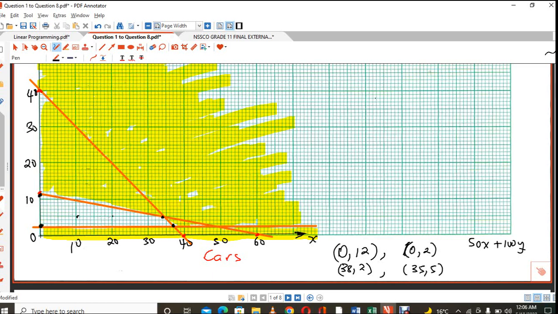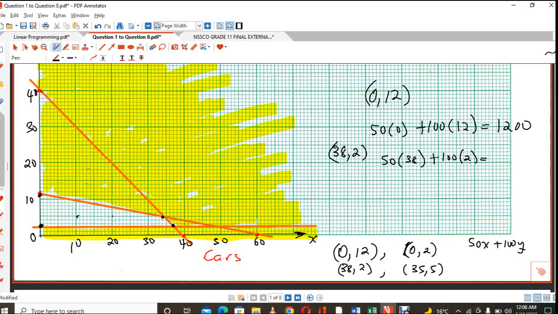So if I use the point 0,12, that's going to be 50 times 0 plus 100 times 12. If you punch this in, you get 1,200. If you use the point 38,2, that's the point right here, that is 50 times 38 plus 100 times 2.